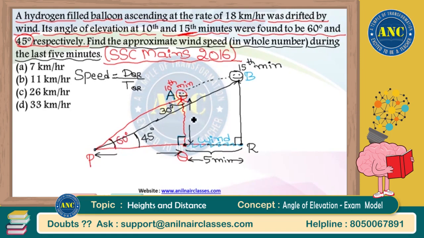But instead of that, opposite to 30 I will assume root 3 units. Then opposite to 60 will be 3. I already explained this in many previous problems, so let us not keep worrying about the same part. Opposite to 30 is root 3, then opposite to 60, AQ distance, will be 3 units. I hope this part is clear. This is 3 units or 3 kilometers, whatever it is.